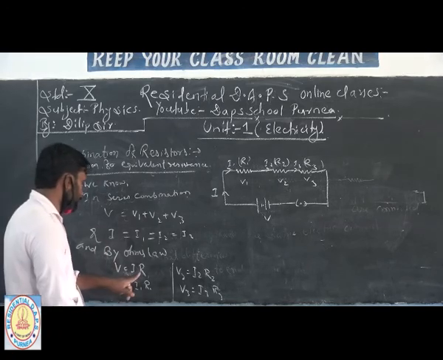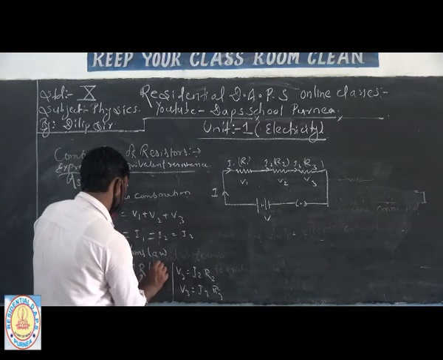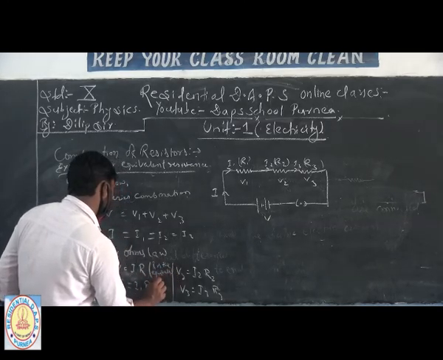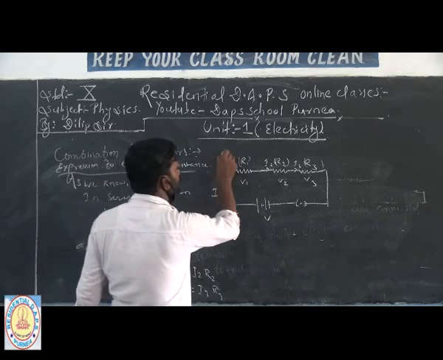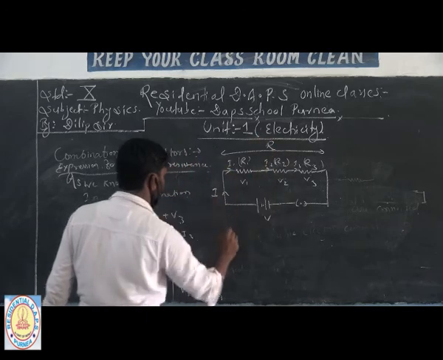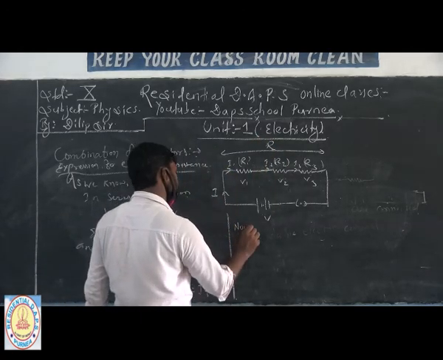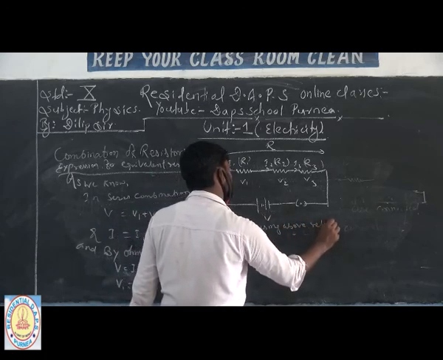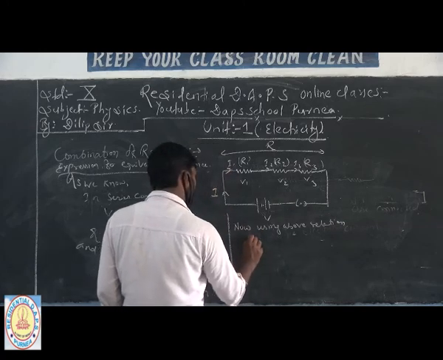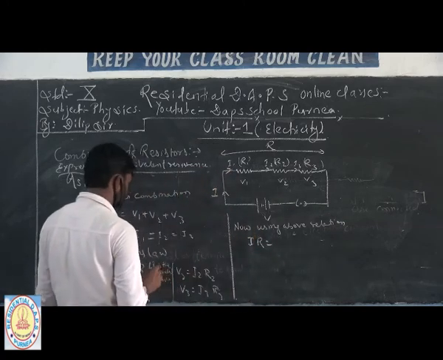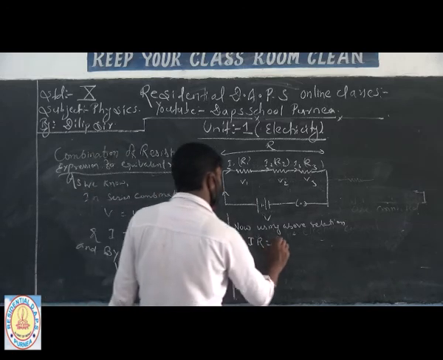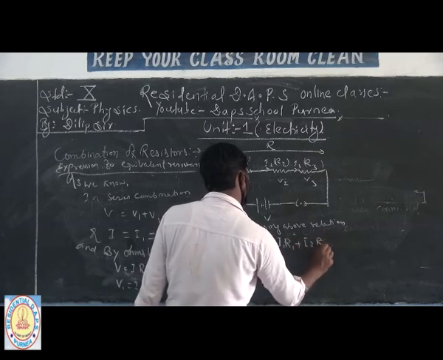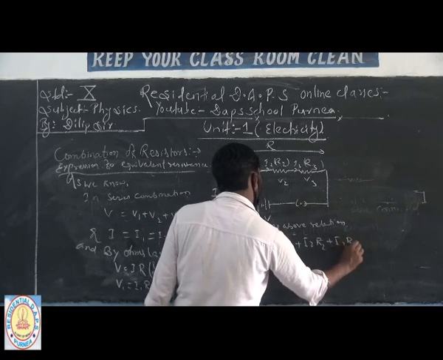Here this R is the equivalent resistance. The whole equivalent resistance is R. Now using the above relations, IR equals I1 R1 plus I2 R2 plus I3 R3.